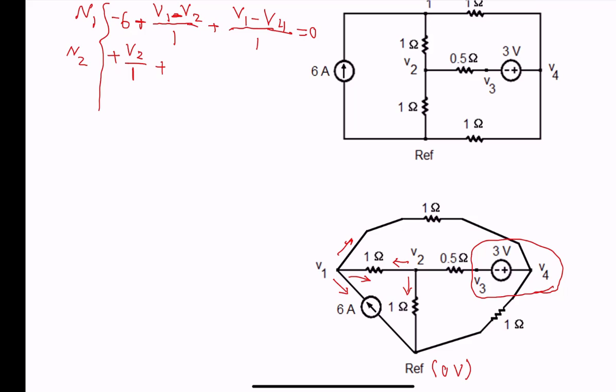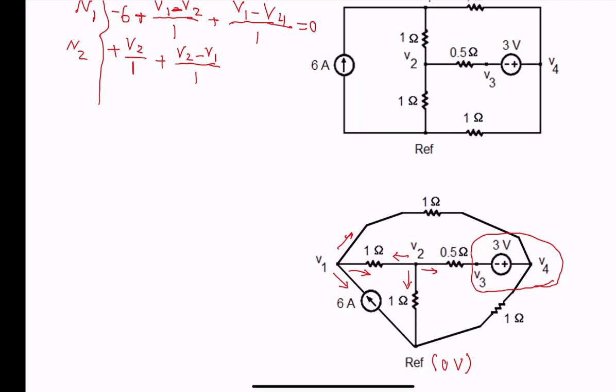So voltage would be V2 minus V1 over 1 gives us the current. Current going to the right is V2 minus V3 divided by 1, and they should add up to 0.